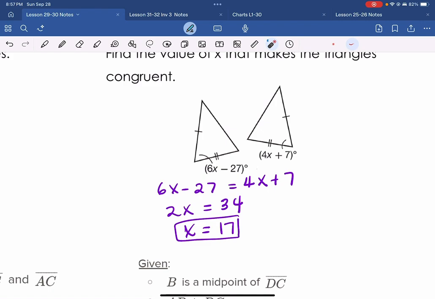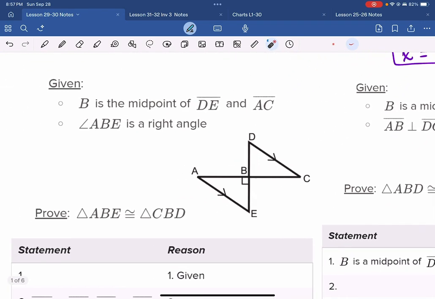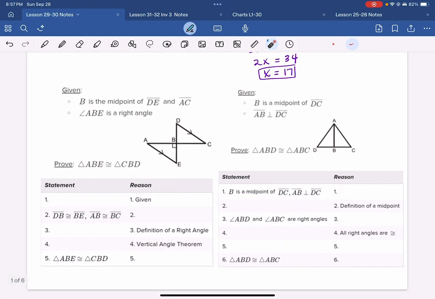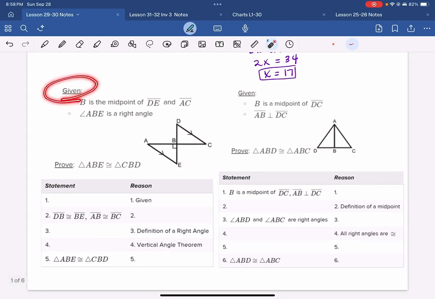Okay, more two-column proofs like we learned last time. Remember how I was telling you that there's always a given. So they're telling us B is the midpoint of side DE and side AC. So you see this right here? They're telling me that that's directly in the middle of this side and this side. So right off the bat, I know that this is congruent to this since B splits it in half, and this is congruent to this because B splits it in half.